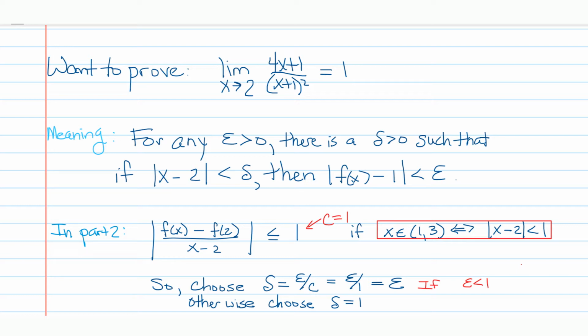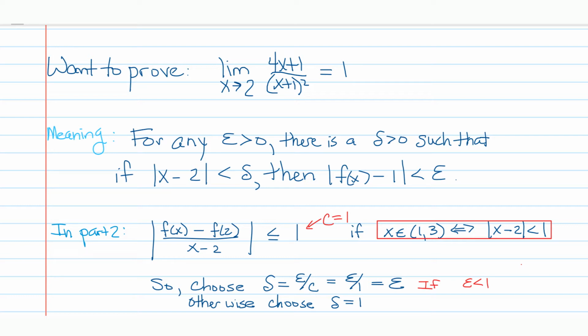In part 1, we talked about a technique where if you can find a number c that bounds the absolute value of the difference quotient, then you can let delta be epsilon over c.